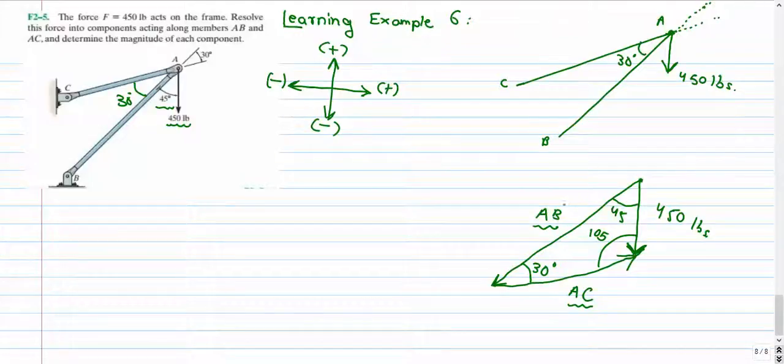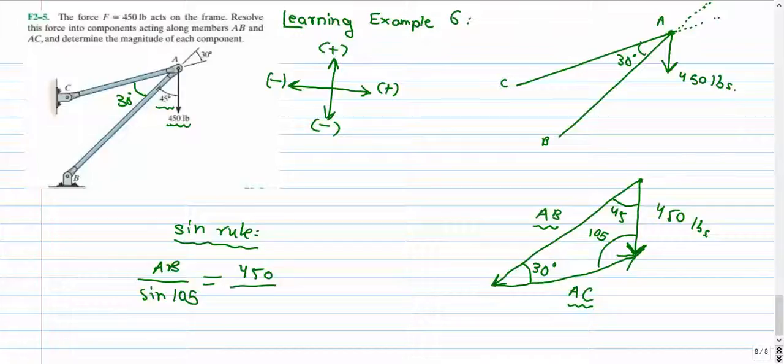Now finally, to find the magnitude of these components, all we have to do is simply apply the sine rule. If you don't know what the sine rule is, you can Google it up. So according to the sine rule, AB over sine of 105 degrees should be equal to 450 over sine of 30 degrees.